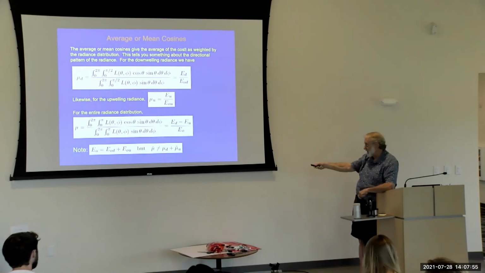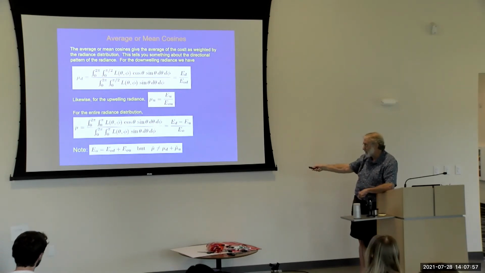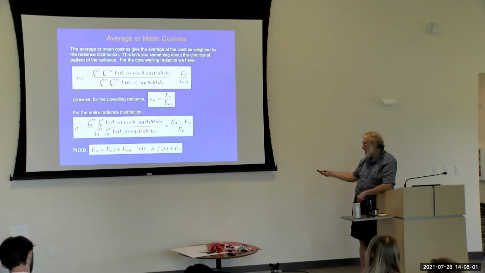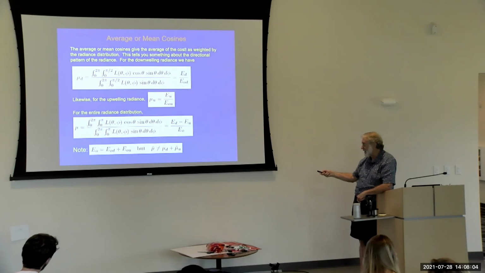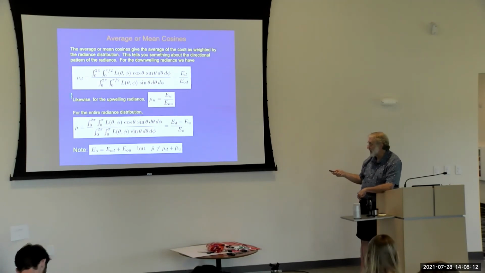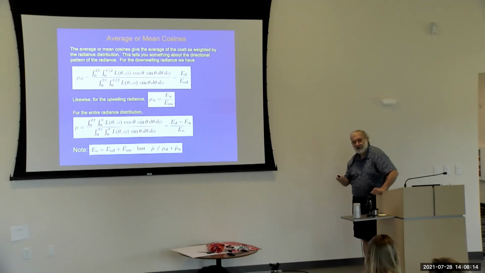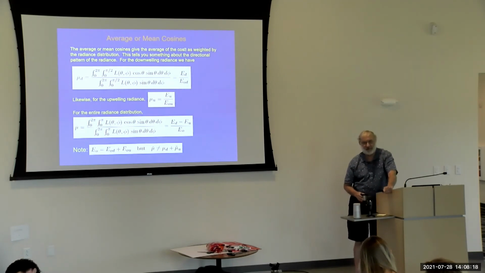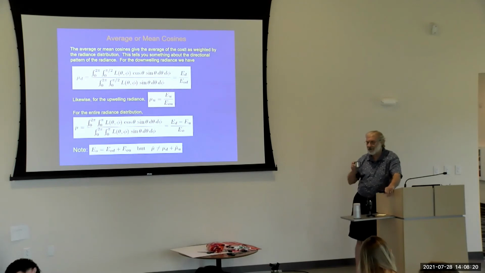So you actually end up with the mean cosine of the whole radiance distribution being E_D minus E_U over scalar irradiance. And these μ̄_D, μ̄_U, and μ̄, you will see in the older literature a lot of times. I don't think anybody uses them for too much anymore, but you still will see them around.